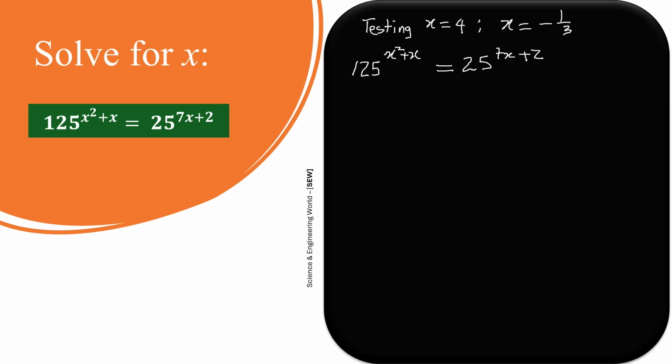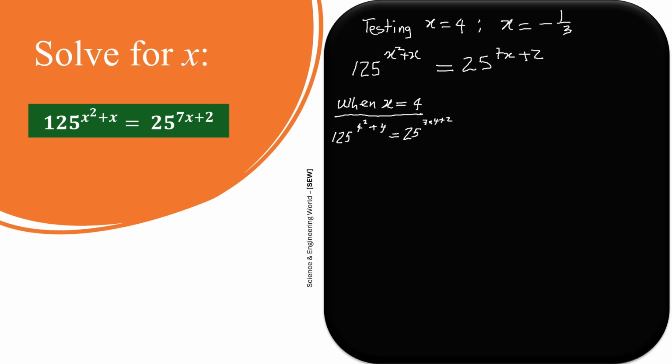First one, when x equals 4. So when x equals 4, we now have 125 to the power 4 squared plus 4 to be equal to 25 to the power of 7 times 4 plus 2.